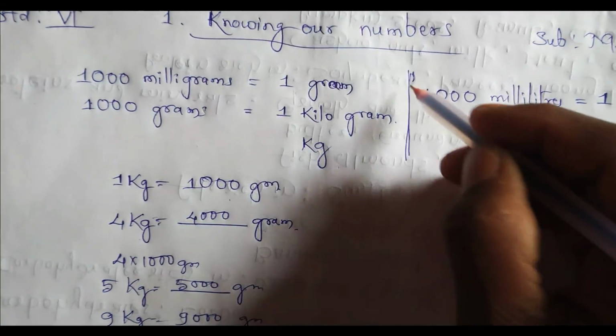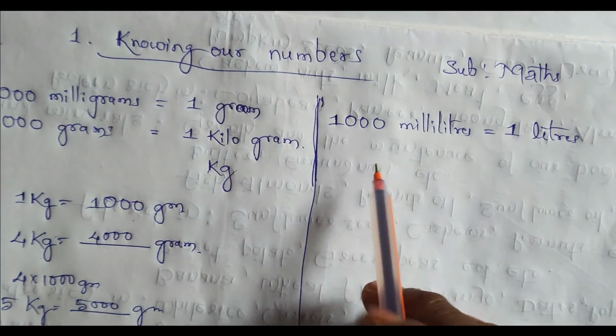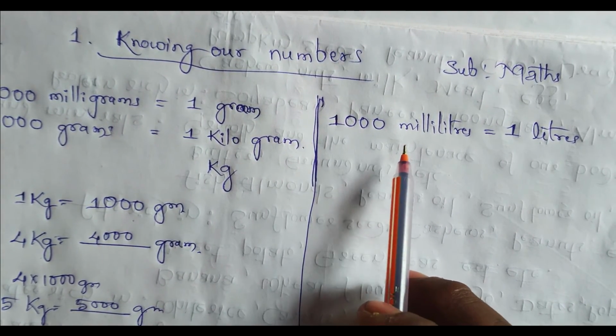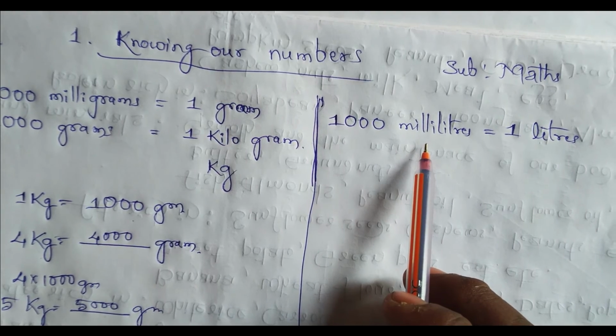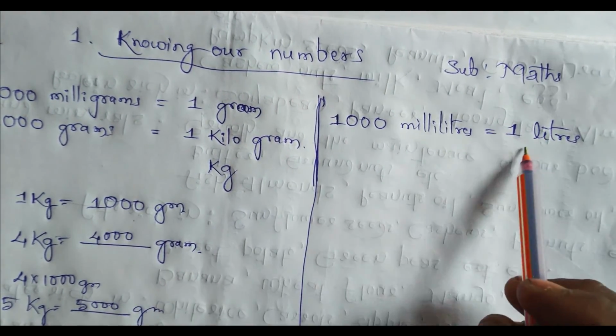Next, like that only, when we take oil or milk, the liquid things, we have to measure them in liters. You can see this at the petrol bunk also. We take petrol in liters.